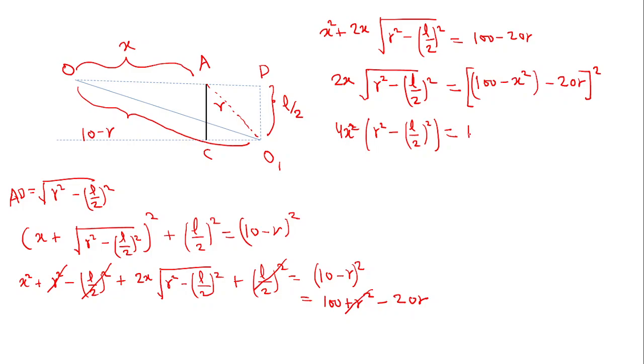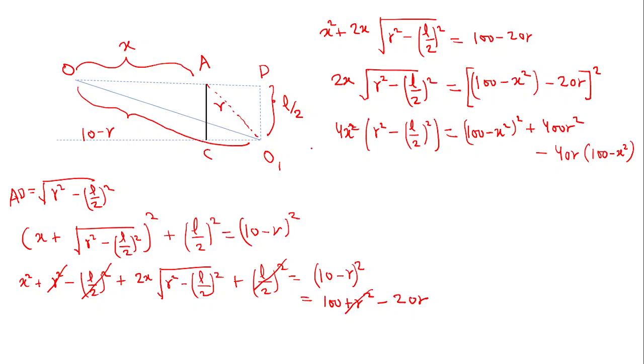What you get? 100 minus X square whole square plus 400 R square minus 40R times 100 minus X square. Okay, the calculation may be a bit lengthy, but finally we will be getting a very easy solution.